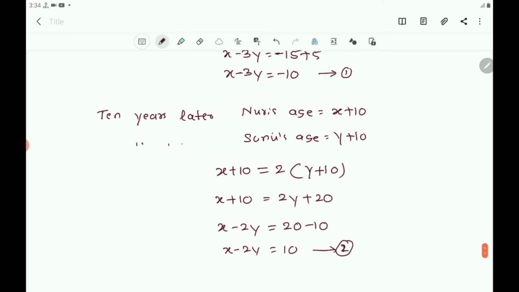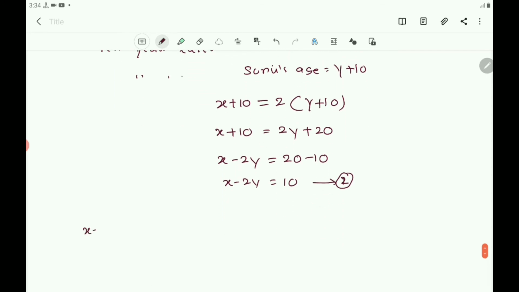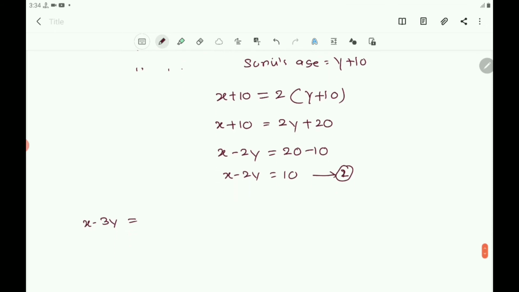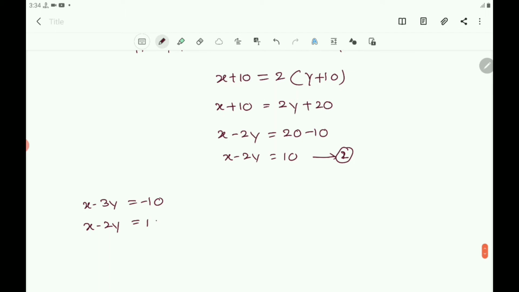Now you take them together. The first equation is x minus 3y is equal to minus 10, and x minus 2y is equal to 10. This is the first equation, and this is the second equation.